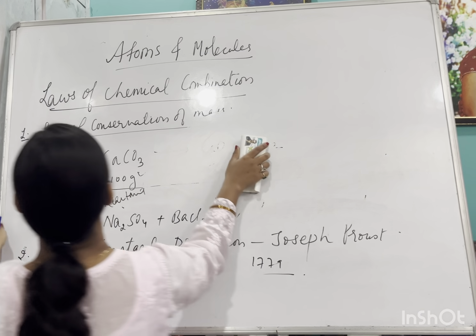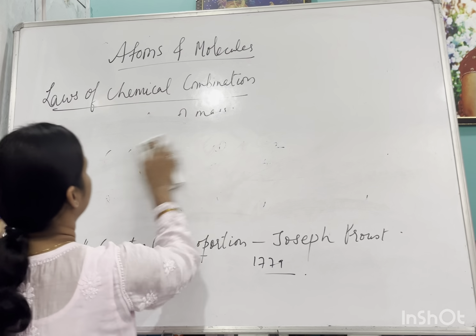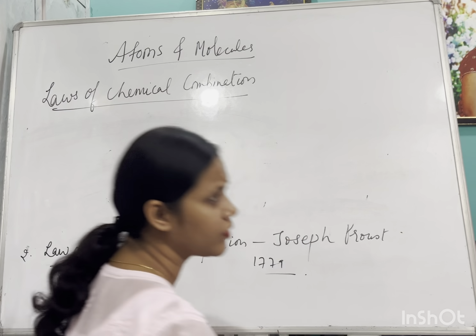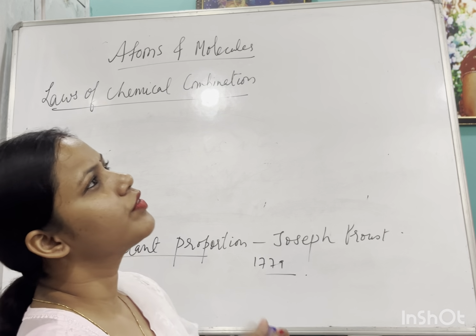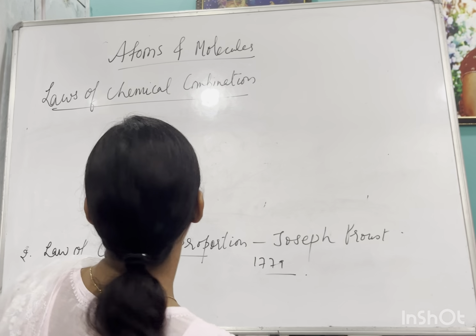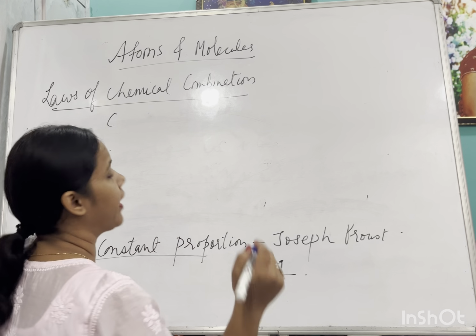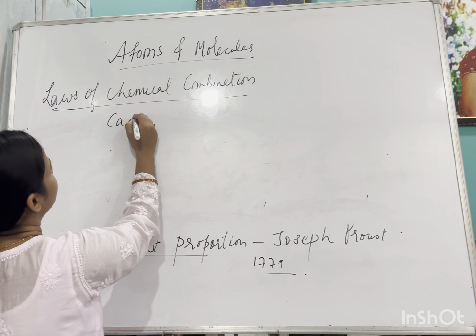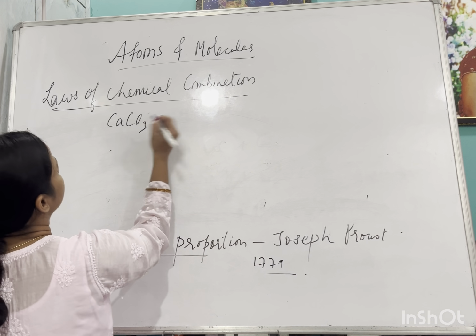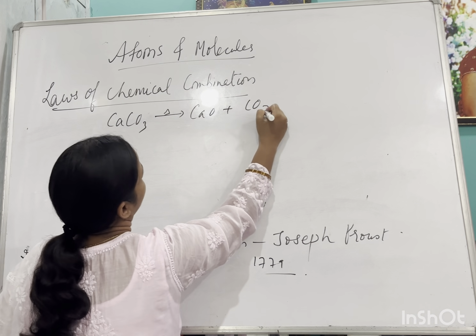Suppose we have the reaction. Let us take the decomposition of calcium carbonate. If I want to obtain carbon dioxide, I have the first reaction: I am taking calcium carbonate, CaCO3, and on decomposing it gives calcium oxide and carbon dioxide.